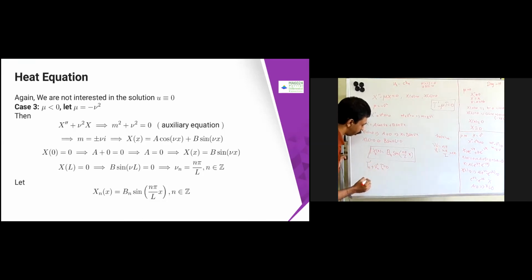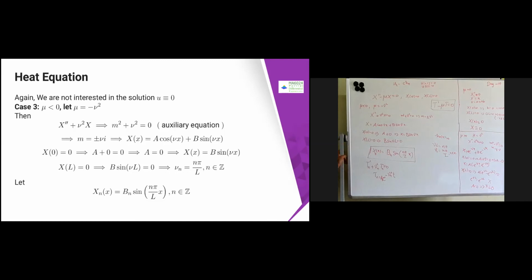Therefore, if I just solve this, it is a simple problem. What I am going to get is e power minus nu n square into t. This is with respect to t. Plus a constant will come, so I can put it as an.